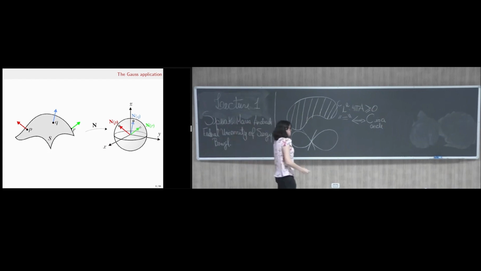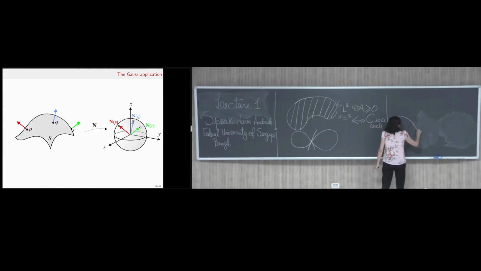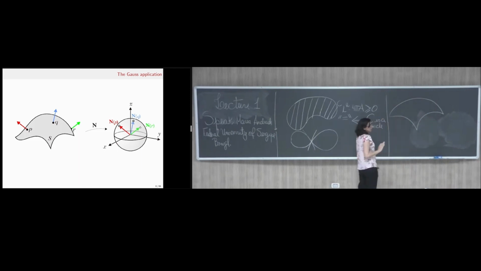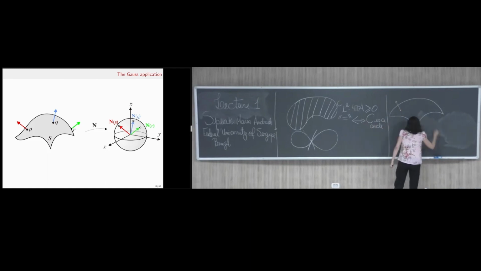Do you remember you have a surface? All my surfaces in this talk are regular surfaces, okay? For each point on the surface, you can define a normal vector.